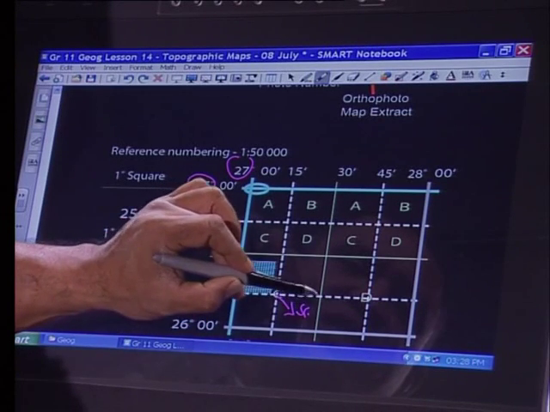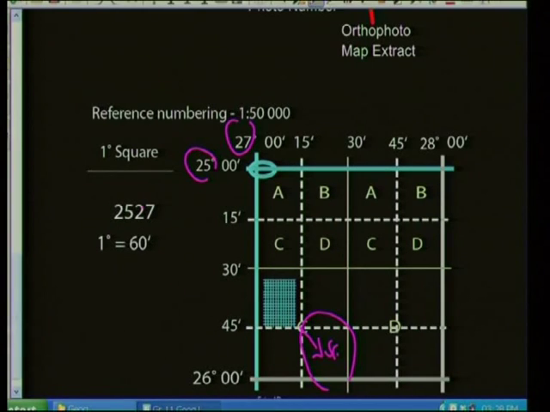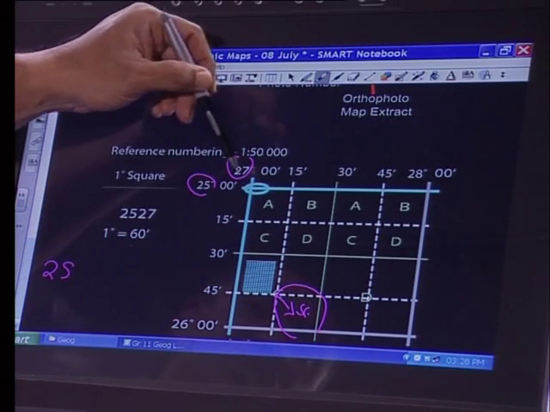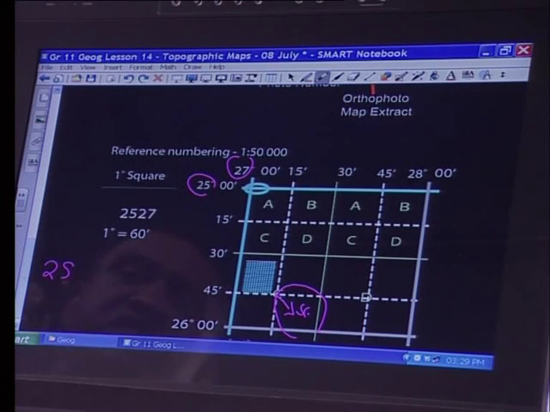So we're looking at this little block here. First, does it fall within the same block? Yes. Has the latitude changed? No, it's still 25. Has the longitude changed? It's between 27 and 28. It hasn't changed. So it's 27.